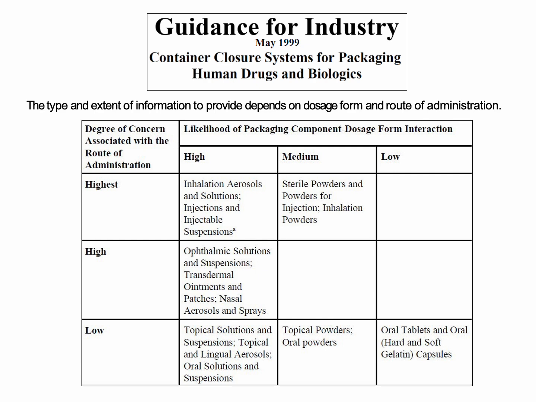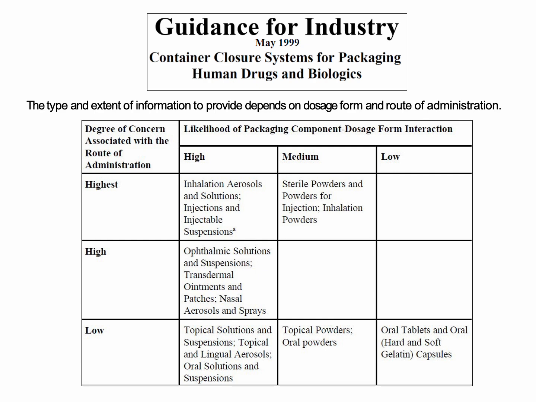And then we have the likelihood of packaging component dosage form interactions. So for example, if we have a high likelihood of packaging component dosage form interaction, the forms or the closures are, for example, drugs for inhalation aerosols and solutions, injections and injectables, and suspensions.